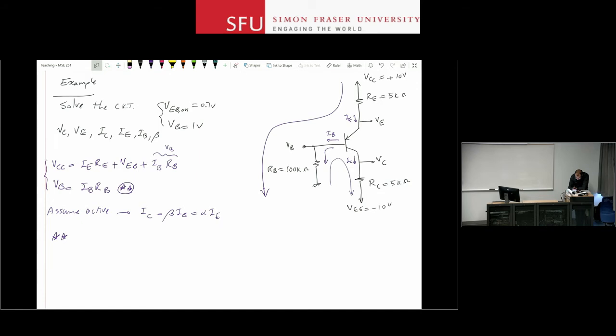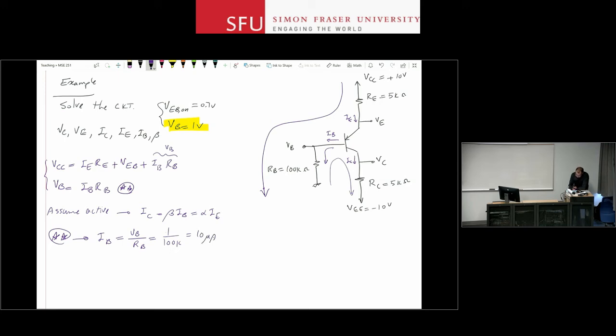I can calculate IB right away. IB is VB that I measured. It was an input to the problem. And that's 1 divided by 100K, and that's 10 microamp.